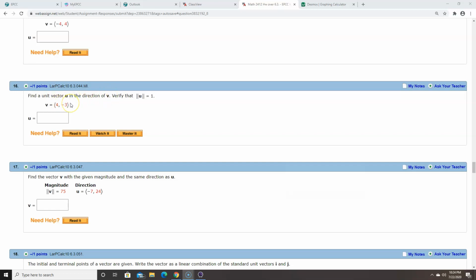Here's vector v. Notice it's written right here, and I don't see an initial point and a terminal point here. I just see this open vector bracket, close vector bracket, which means this vector v is not written with initial point P and terminal point Q. It's written in component form, which means the initial point has been moved to the origin.